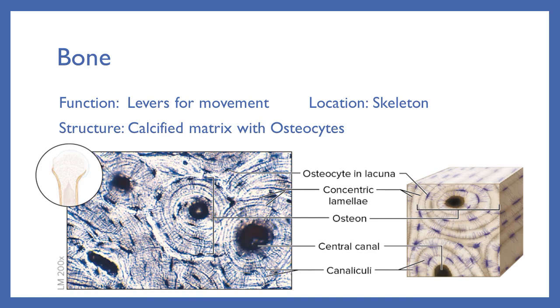We can use our muscles to move our bones in different directions, allowing us to have movement. Also allows us to stand up. But anytime that you find bone, you find it in the skeleton, and it is going to be a calcified matrix with osteocytes. You see osteocytes right there. They look a lot like the growth rings on a tree as they go around that opening in the middle that the blood vessels are located in.